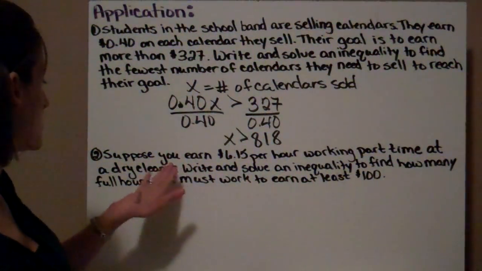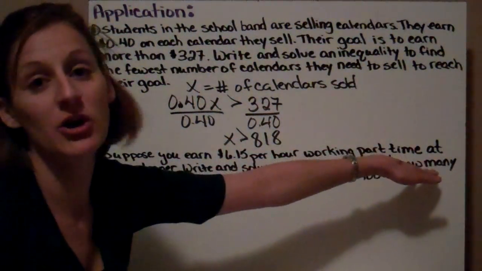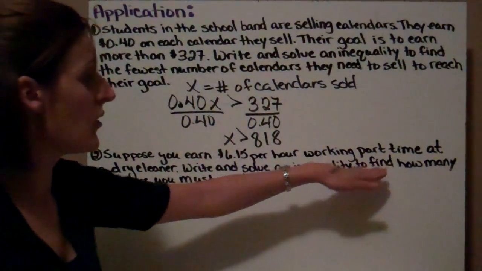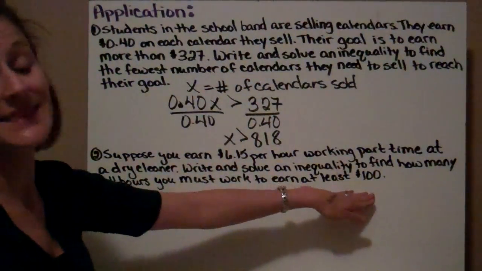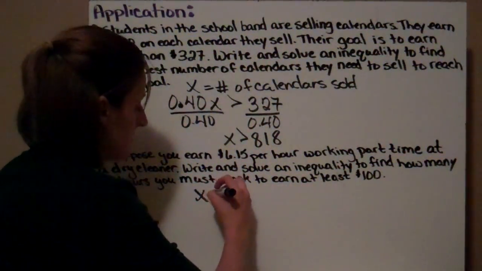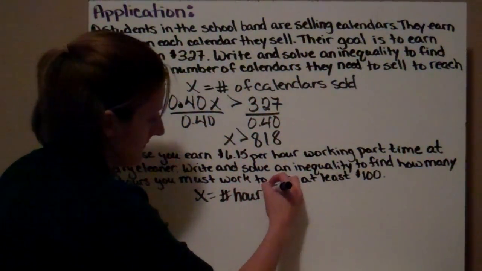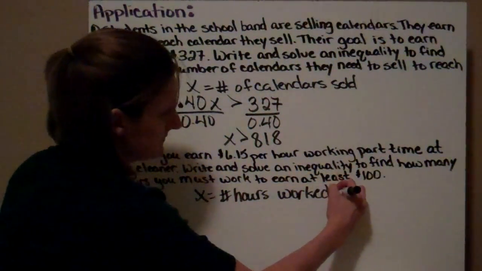Alright, so number 2: suppose you earn $6.15 per hour working a part-time job at a dry cleaner. We need to write and solve an inequality to find out how many full hours you must work to earn at least $100. So, my x this time is going to be the number of hours worked.